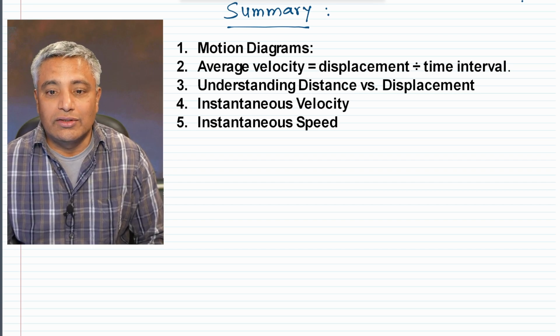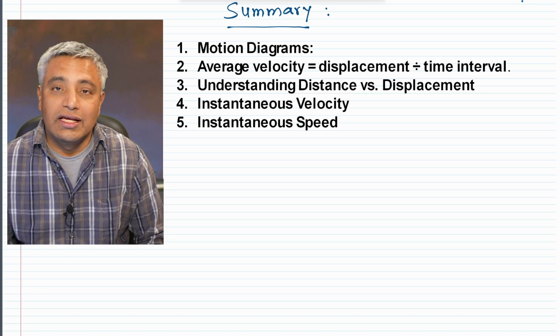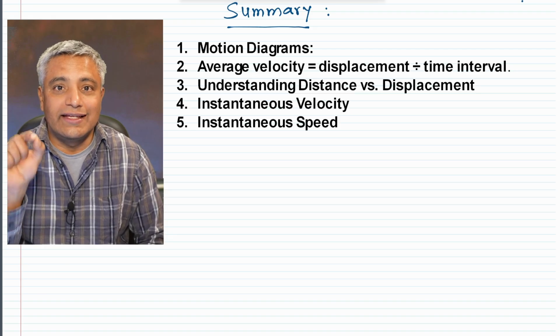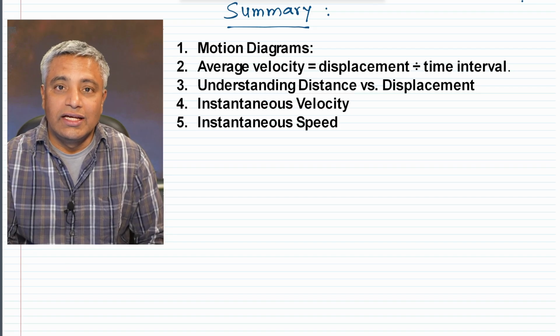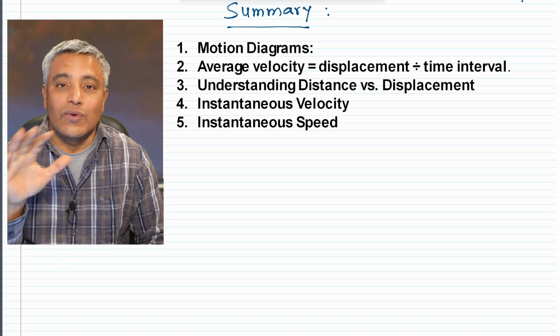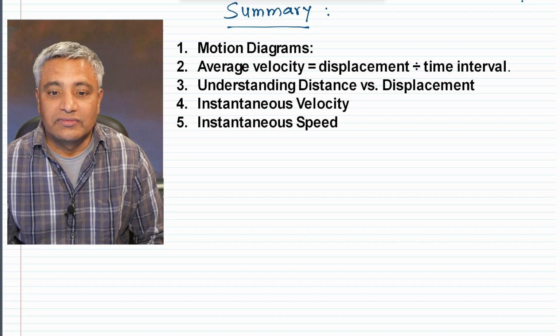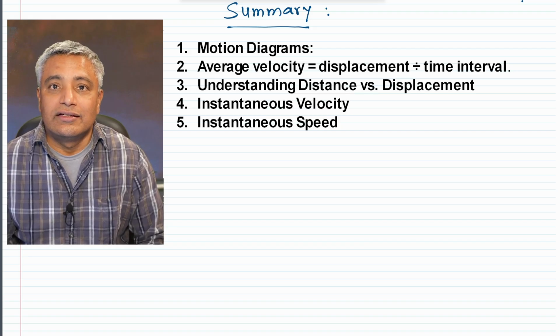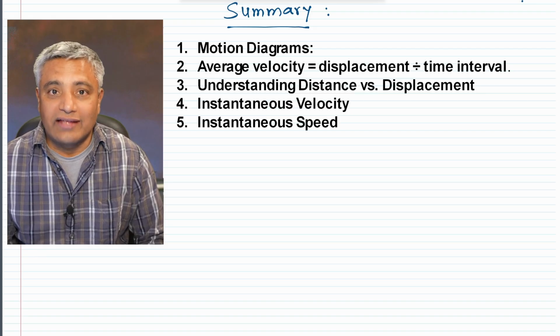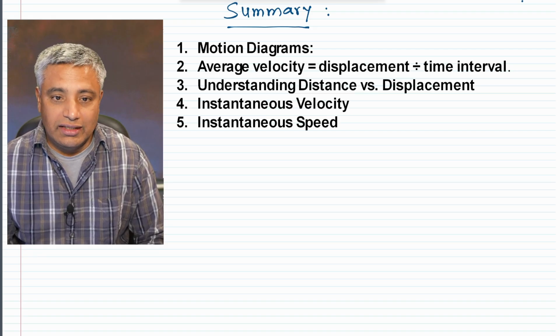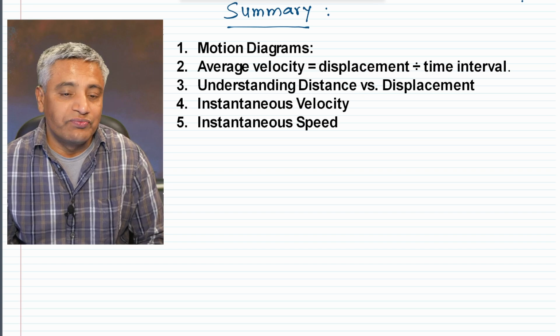Displacement simply looks at the change in position, by looking at the initial and final position, and it does not care what happens in between. However, distance is the path length, or the total path traveled. They are the same only when the object does not change direction.